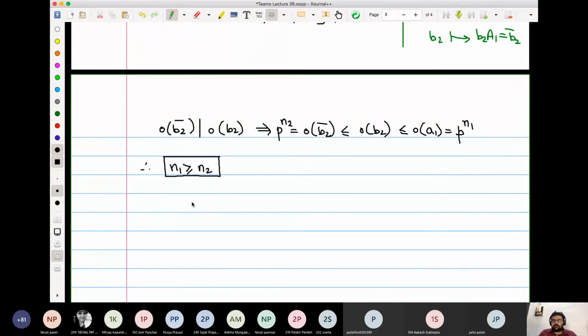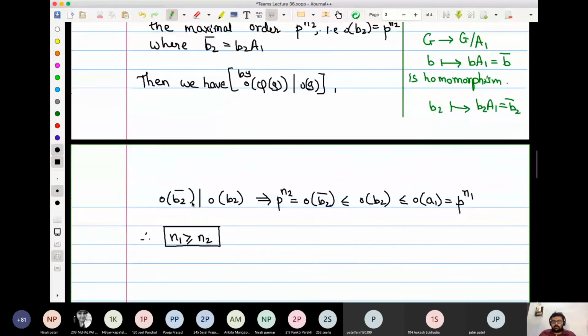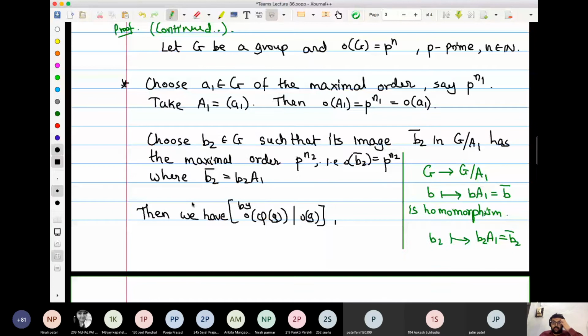Is it clear? From here, what is the first step? Take the highest order element A1, that has order P power n1, and take the first cyclic group. We want to express this G as a product of cyclic groups, right? So first take the first cyclic group that is generated by A1. It has order P power n1.